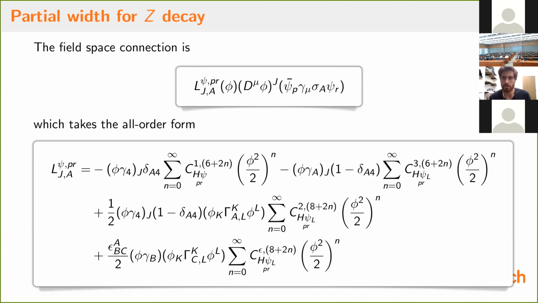And if we want some numbers out as well, we have to use some input parameter scheme to relate Lagrangian parameters to numbers. And this has also been done using these geometric objects. But I'll not explain the details here.